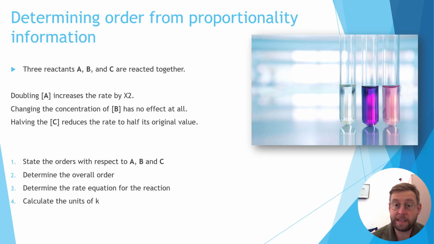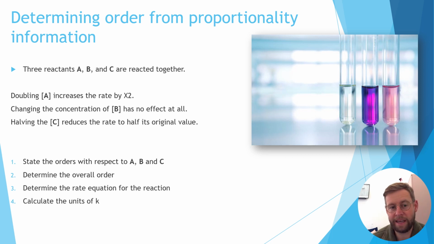So the very first step is establishing what are the orders with respect to A, B and C. If the rate doubles when the concentration doubles, then these have got to be directly proportional. With B, it's got no proportionality at all, and with C, if it's halving the concentration and halving the rate, then that also must be directly proportional.